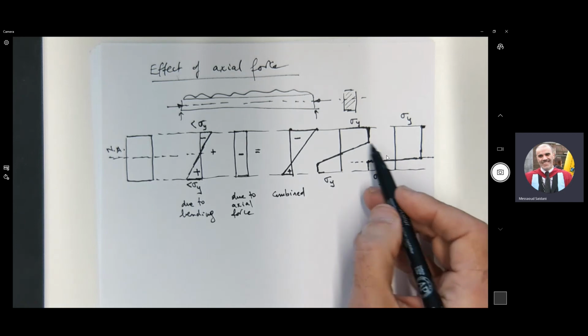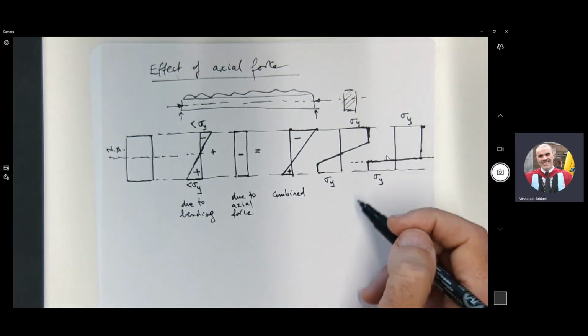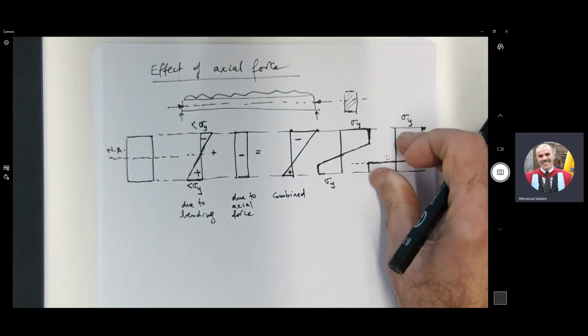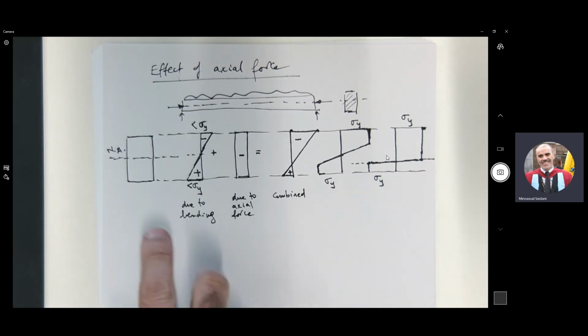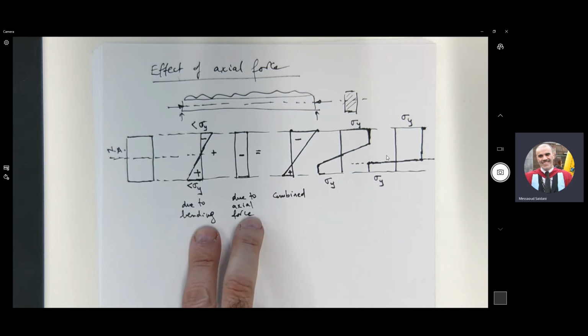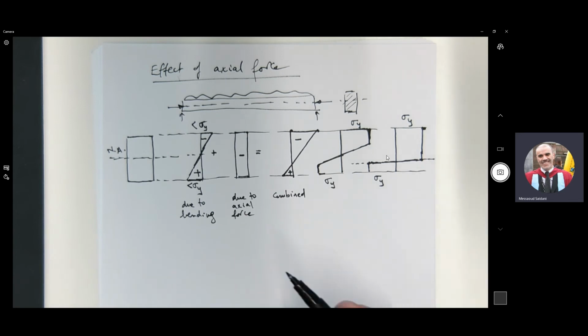Anyway, we get a situation where we have this stress distribution diagram, which combines the effects of shear force, axial force and bending together. I should have left more space. I need more space there.